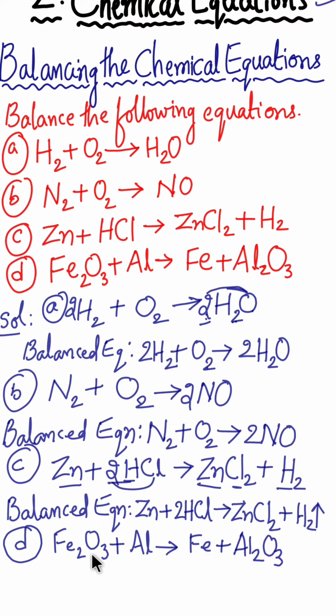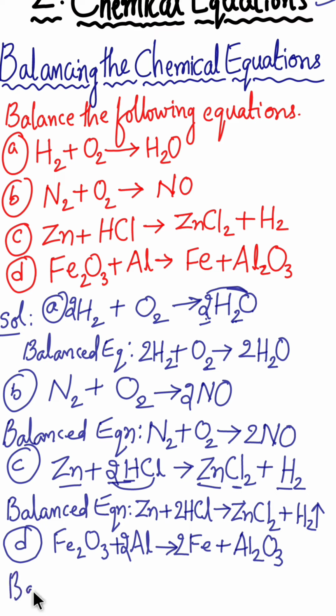Now let us see oxygen, how many? 3 on the left, 3 on the right hand side. Aluminium on the left hand side 1, but here aluminiums are 2. So first oxygens are tallied, but Fe is 2 here and 1 there. So we will write 2 here, because 2 Fe to 2 Fe, yes, balanced. And aluminium 1 here, 2 there, so we write 2 here. Simple, it is balanced. Got it?